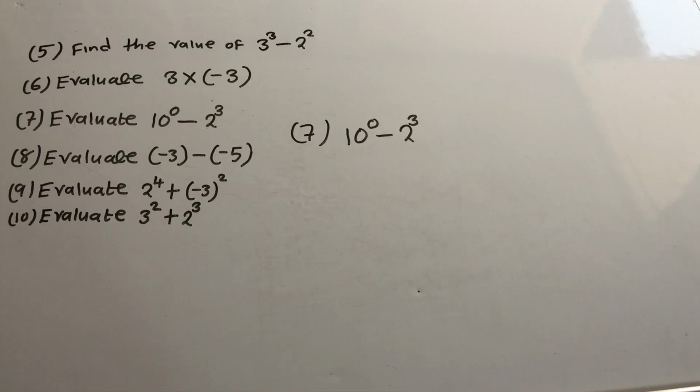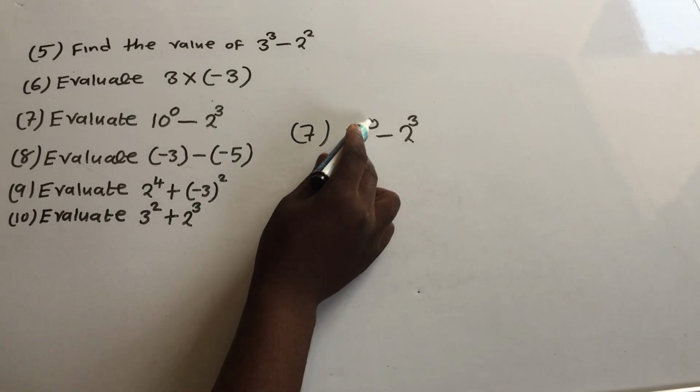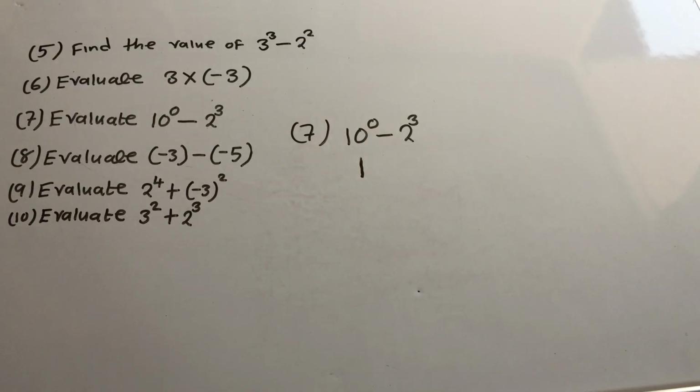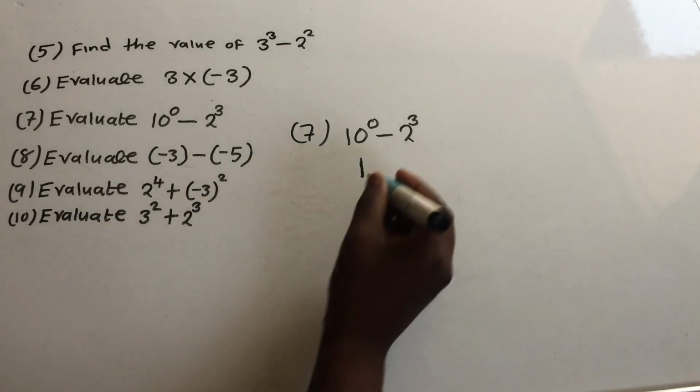It can be a to the power 0, b to the power 0, or 100 to the power 0. Once you observe that it is raised to power 0, the answer is always 1. So 10 to the power 0 is 1. Don't even think about it, just know that anything raised to power 0 is 1.